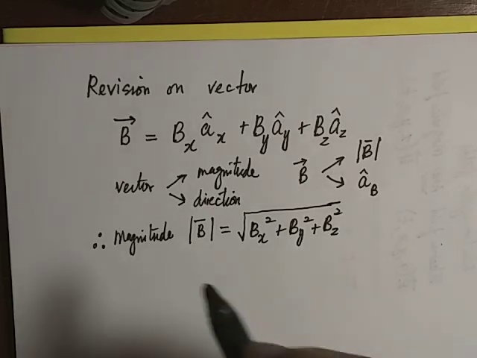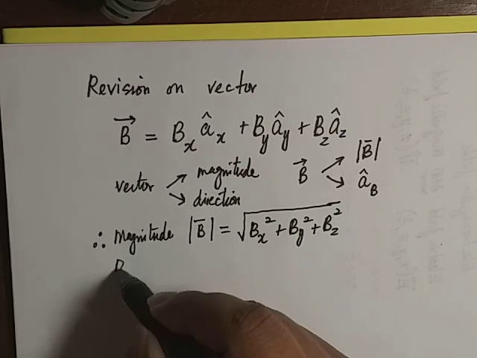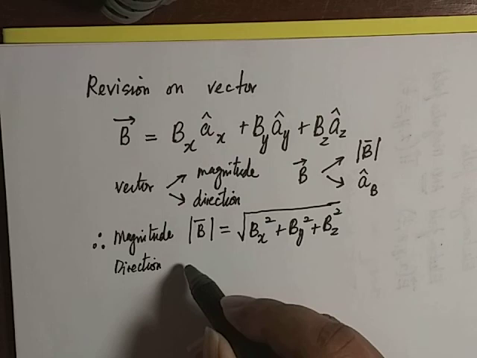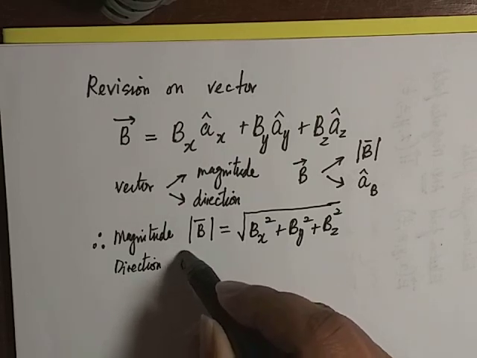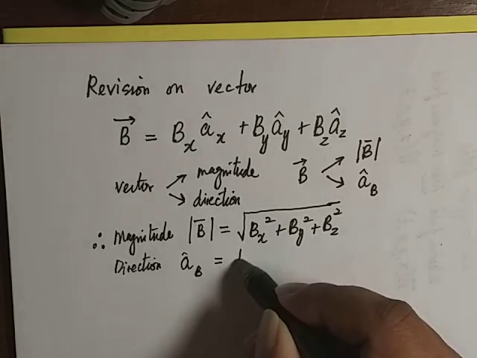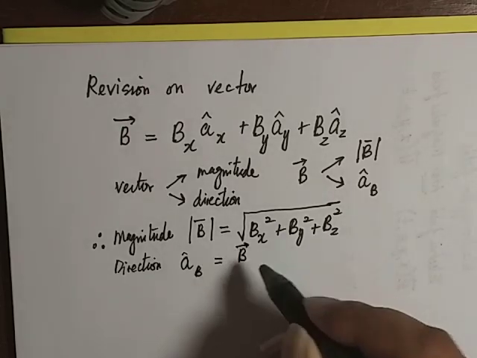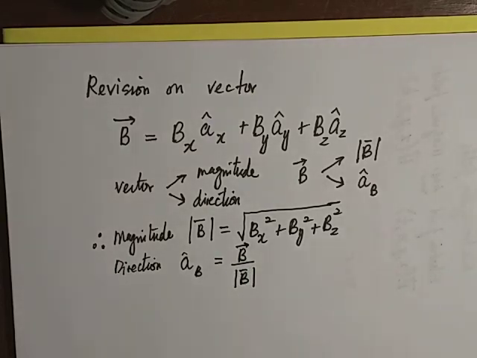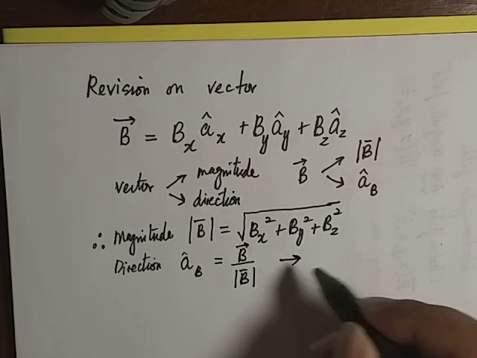Okay, and for the direction, we define it as the unit vector, so aB should be equal to the vector B divided by the magnitude of B. So that's how we define the direction, or to be more precise here, the unit vector.